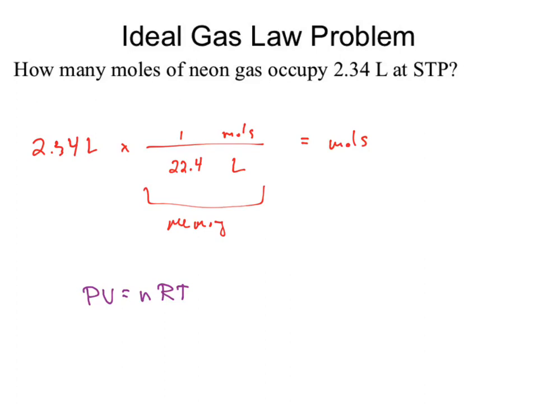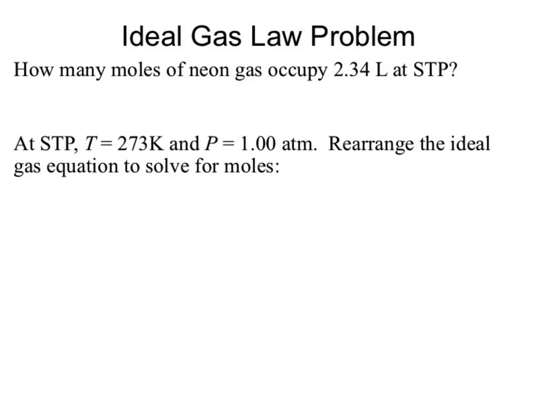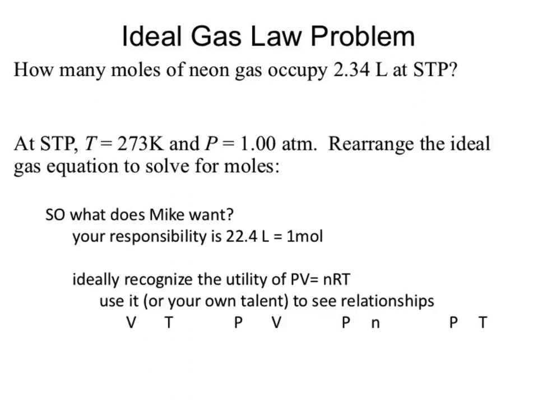For PV=nRT, what you're responsible for is understanding how to interpret it. And that gets into this bottom line. Your responsibility, you need 22.4 liters is equal to 1 mole. Ideally, you also recognize the utility of PV=nRT. You can either use it or your own talents and relative experiences with gases to evaluate relationships.